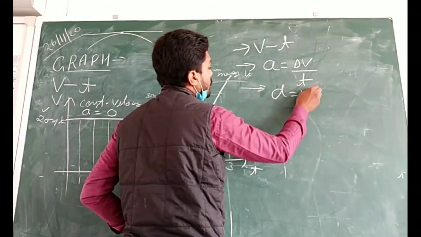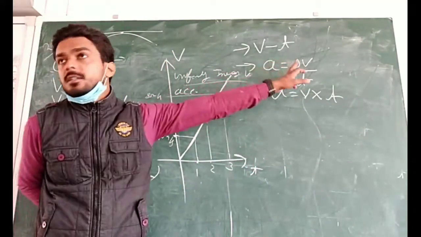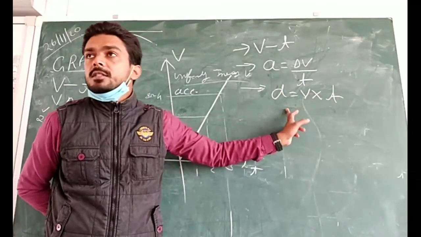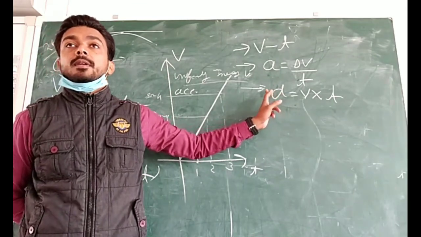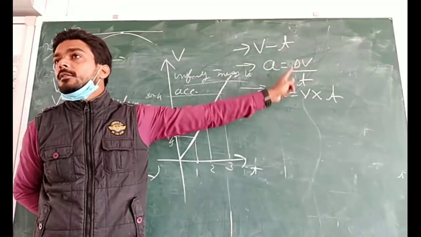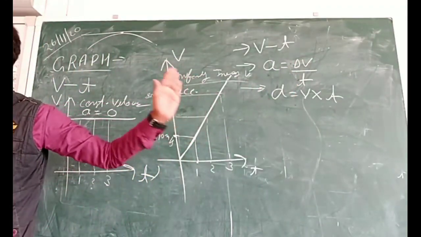Displacement is equal to velocity into time. Means if we divide velocity by time we will get the acceleration. If we multiply velocity and time, we will get the displacement. Remember, this relation is in the form of ratio. And for the ratio, always find the slope of the graph.